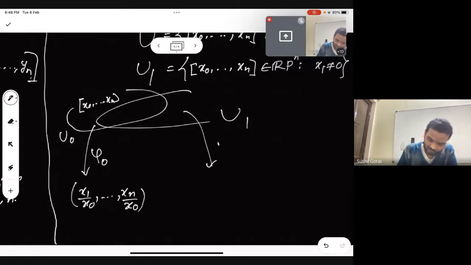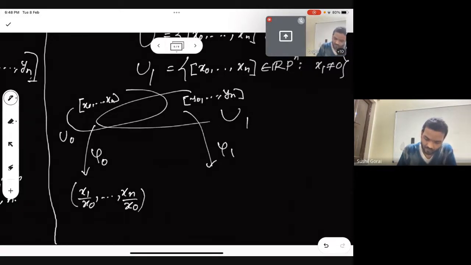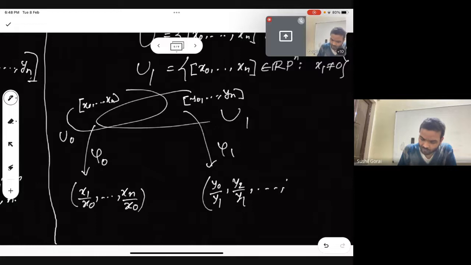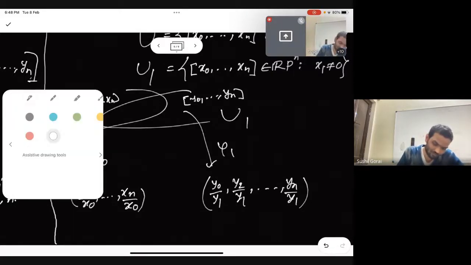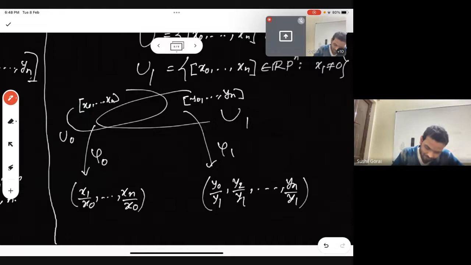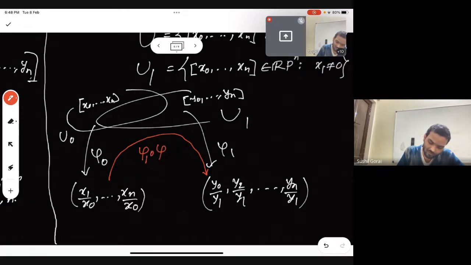And this is phi 1, which maps (y0, ..., yn) to (y0/y1, y2/y1, ..., yn/y1). This is the map phi 1. Now we want to do this composition, which is phi 1 composed with phi 0 inverse. So what is it?